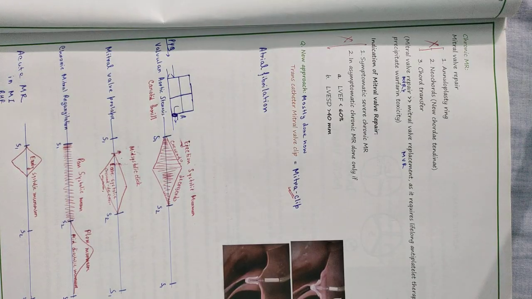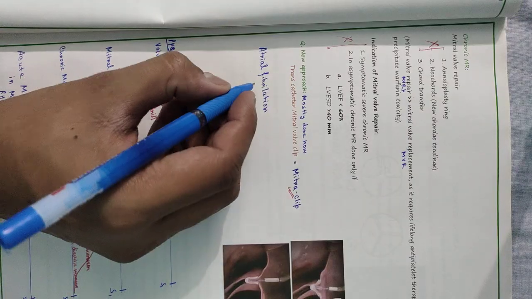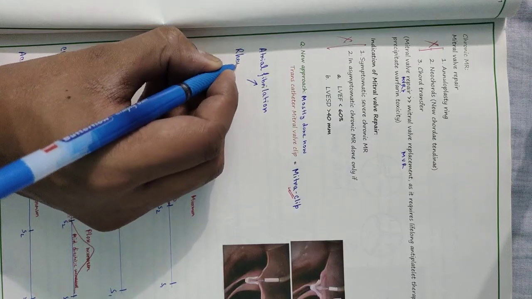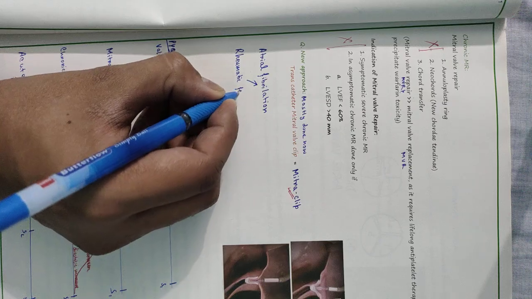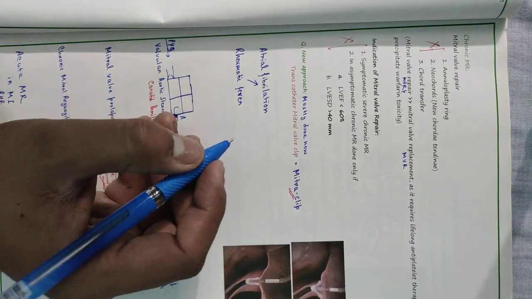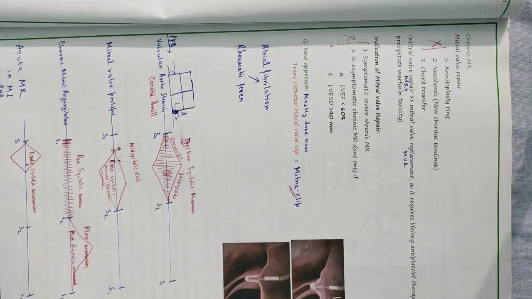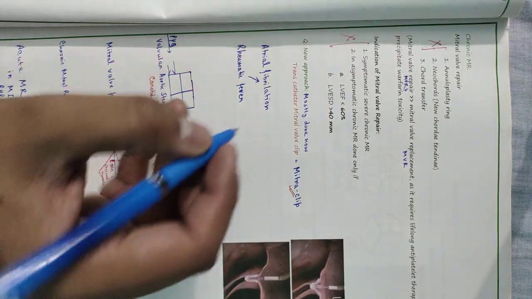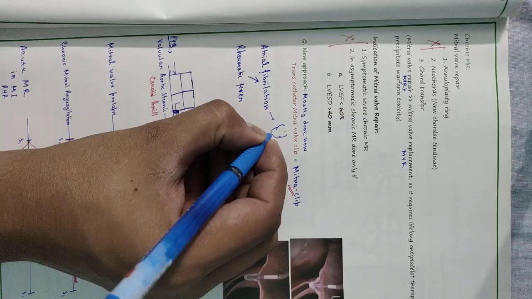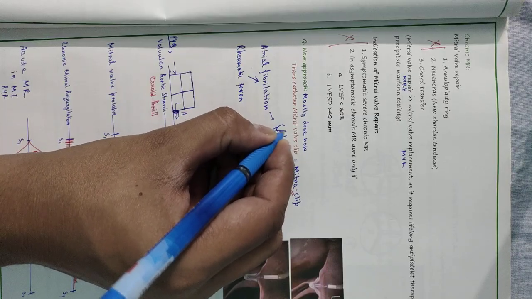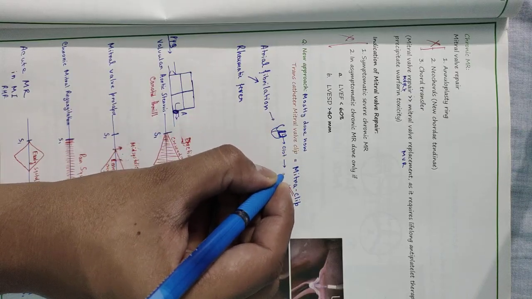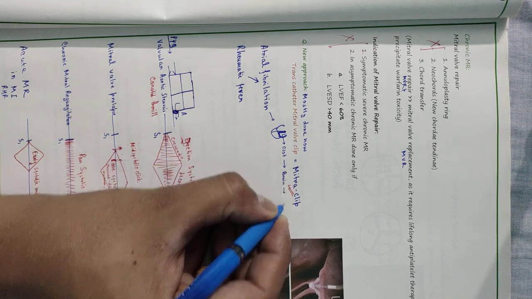In case of rheumatic fever and atrial fibrillation, the left atrium gets damaged, so clot formation happens, and this clot can go to the brain and cause stroke.